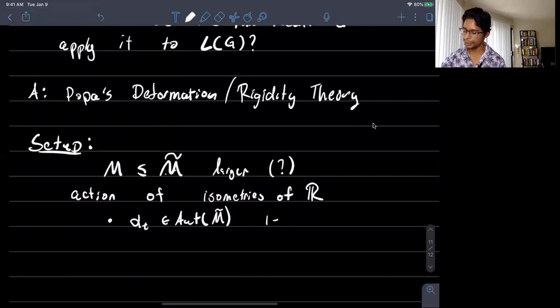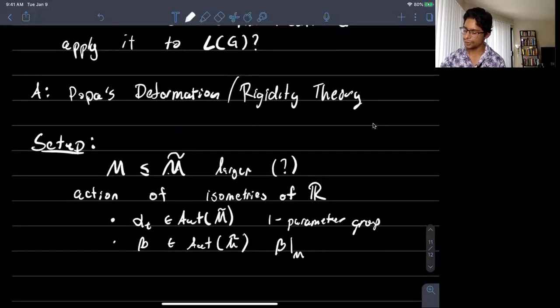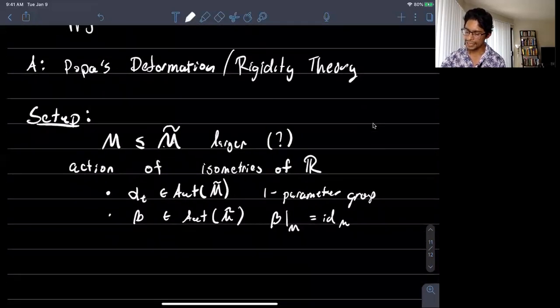And you have this beta, a distinguished automorphism, which fixes this underlying algebra that you're really trying to understand, M. And it's compatible with alpha t in the following way: alpha t beta equals beta alpha t inverse.